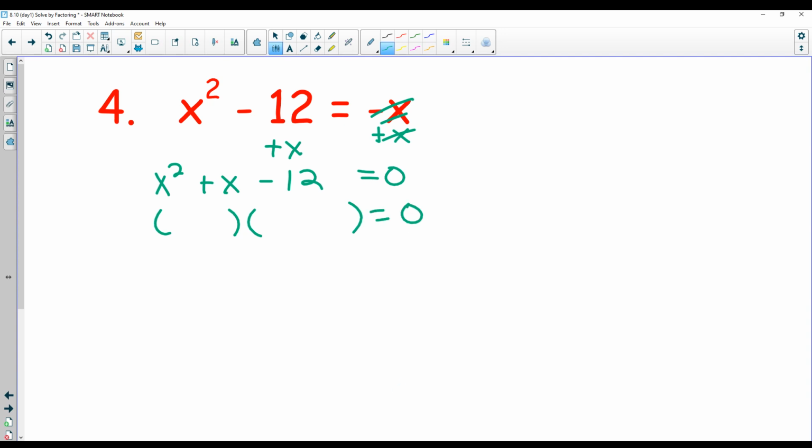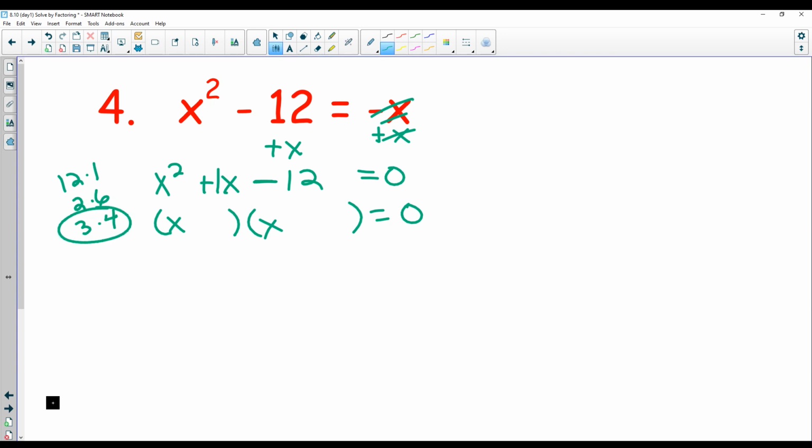There's no greatest common factor. I'm just going to take the x squared and break it up into x and x. The 12, we have options. It could be 12 and 1, 2 and 6, 3 and 4. I need one of them to be negative, but it has to add up to a positive 1 in the middle.